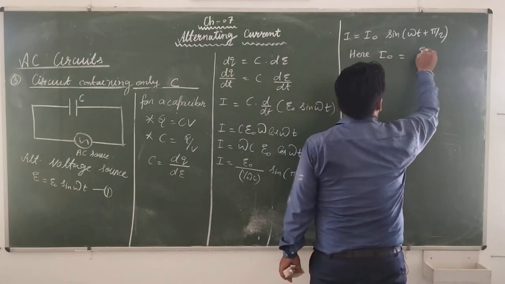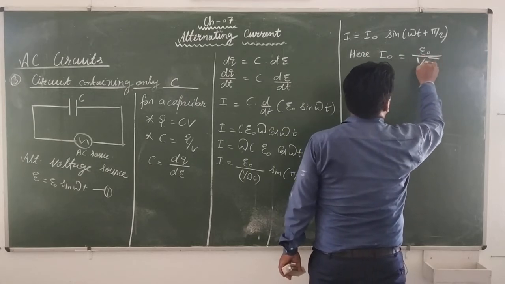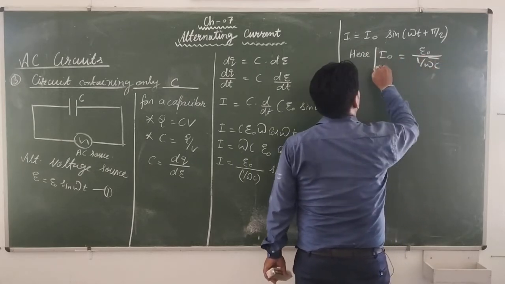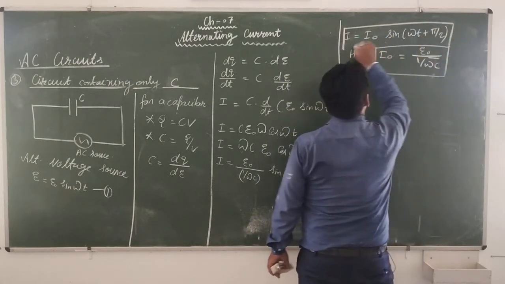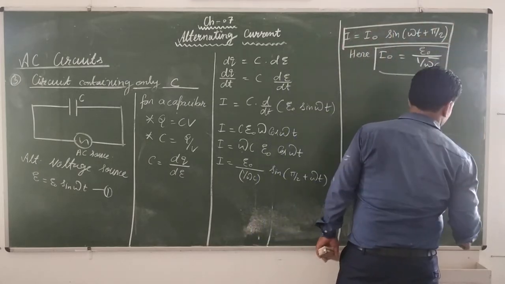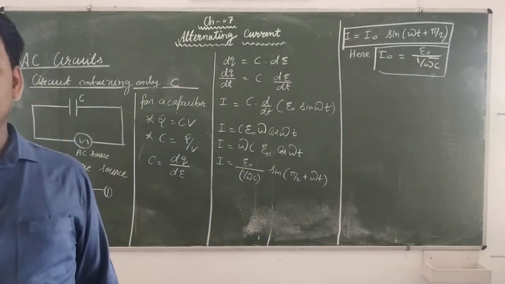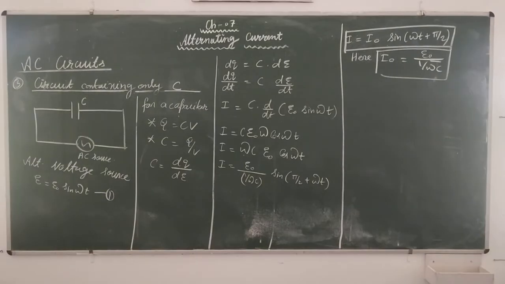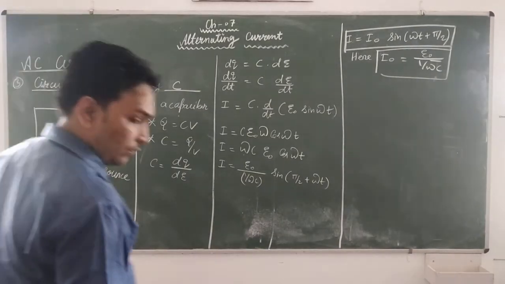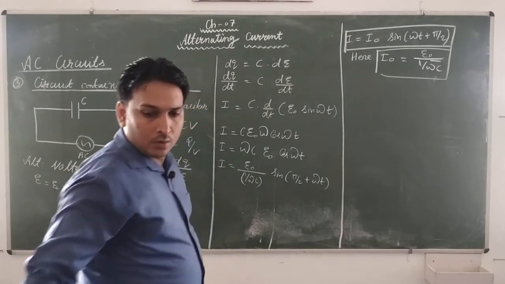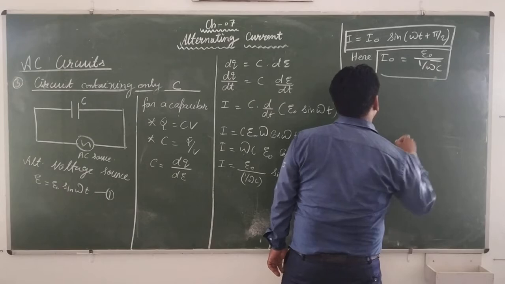It is E naught upon 1 upon omega C. So the value of current in this situation is given by this equation. So the value of I naught is E naught upon 1 upon omega C.